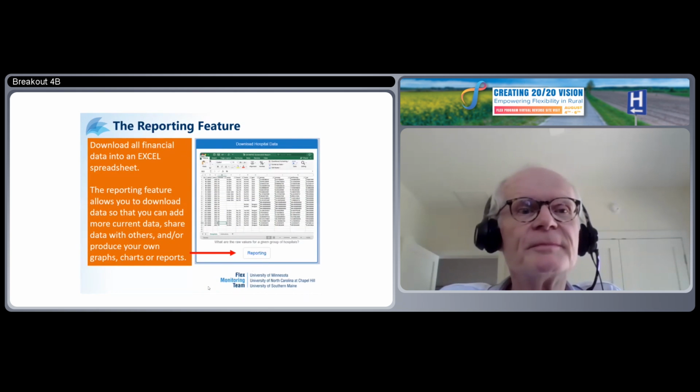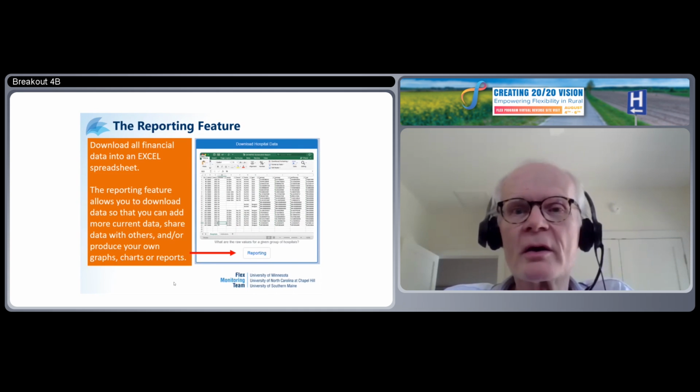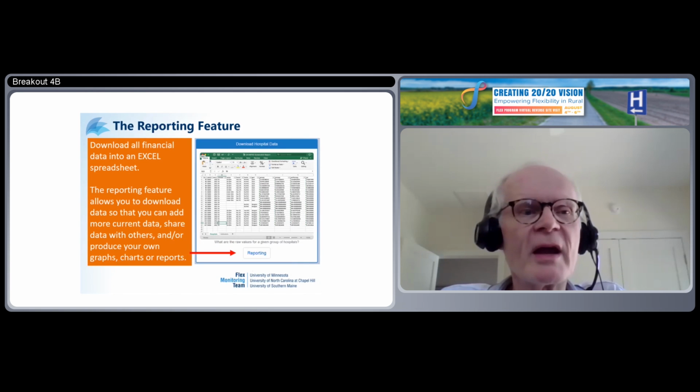Next slide, please. Again, if you are Excel oriented and you want to have your own data, you can do this easily. It allows you to download whatever data you want into an Excel spreadsheet. You can add your own data to this, or you can produce your own charts, graphs, and reports as well.